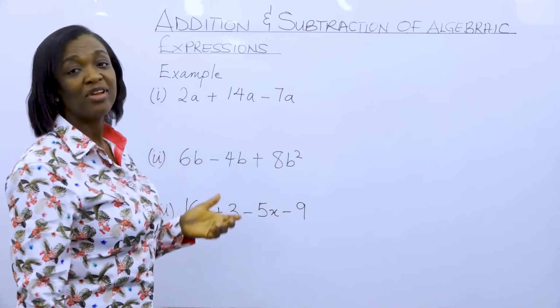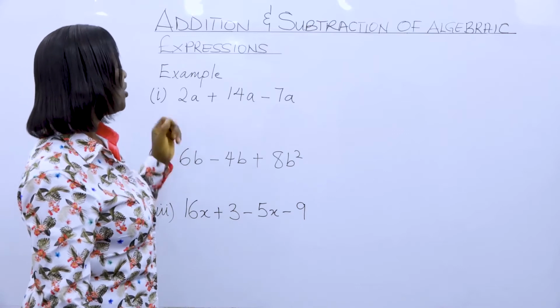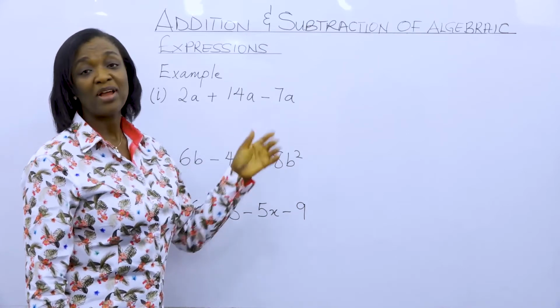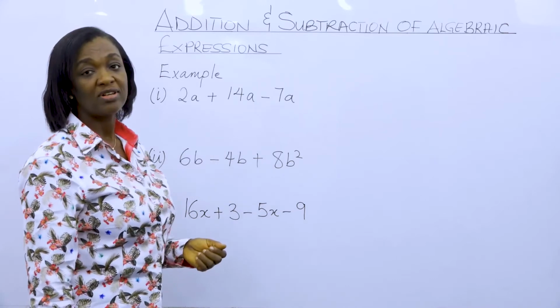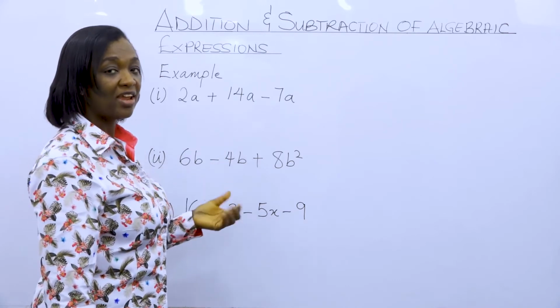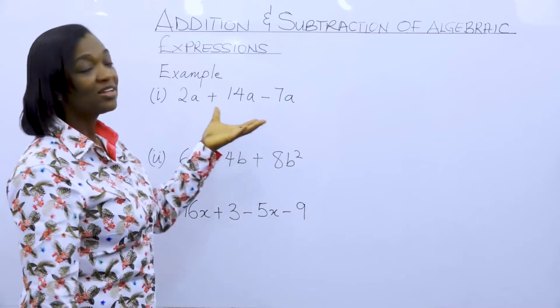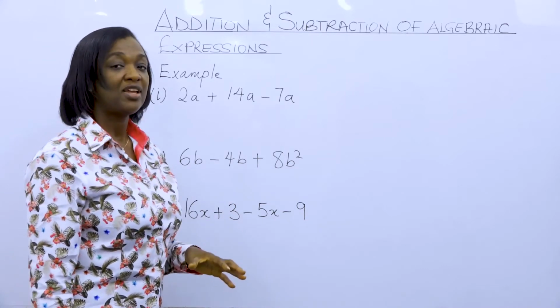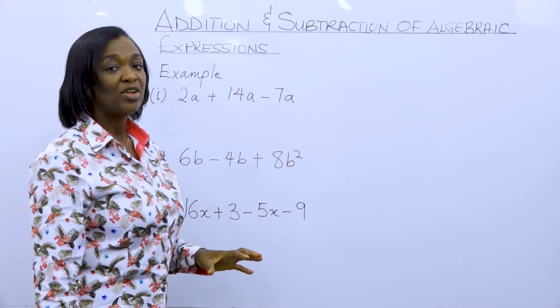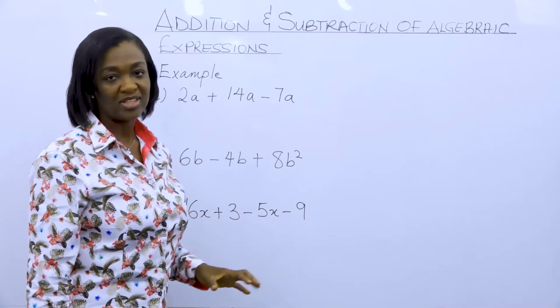The first example here says 2a plus 14a minus 7a. The three terms in this expression are all terms in a. So they are all like terms. And you can only add or subtract terms when they are like terms. If they are unlike, you cannot add or subtract them.